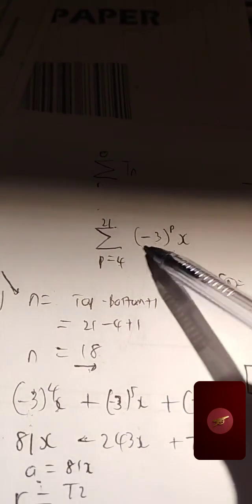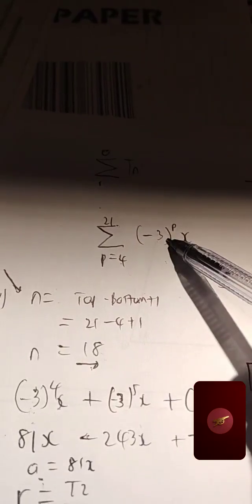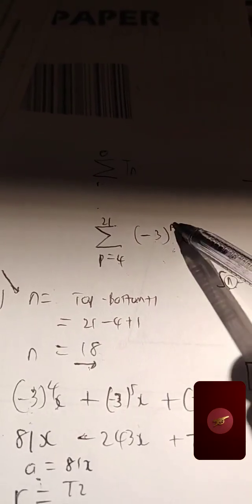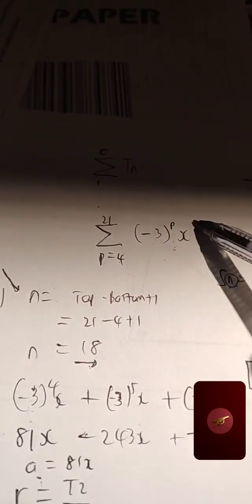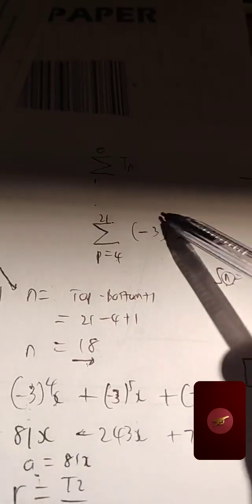We derived that from the fact that this numerical value is raised to a variable exponent, which means we are dealing with a geometric series. Exponential also means geometric. Does that make sense?